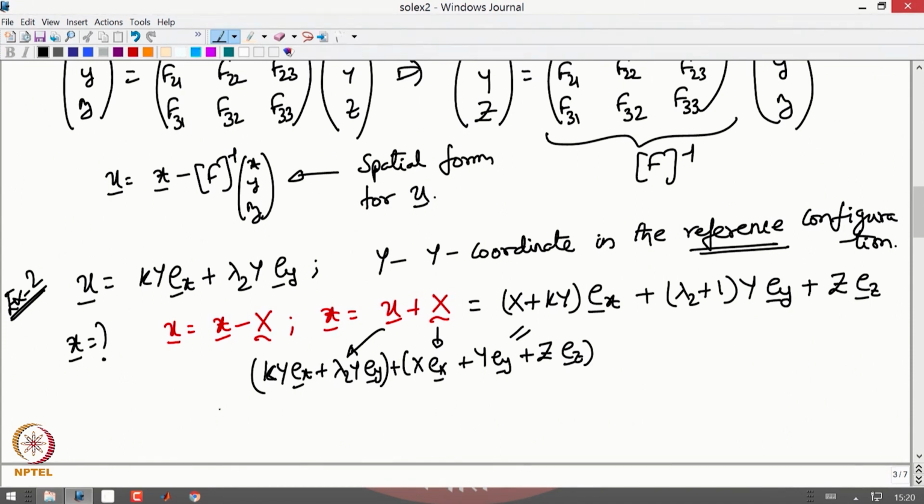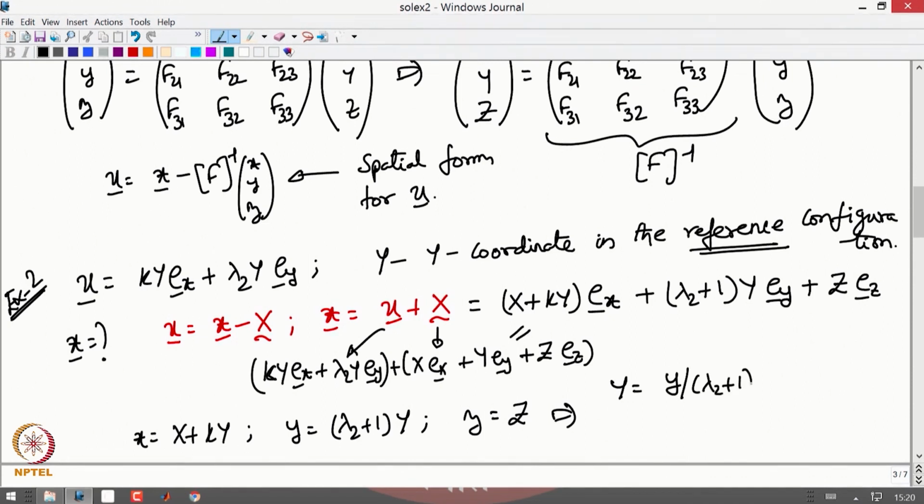I know that from here small x is x plus kappa y, small y is (lambda 2 plus 1) capital Y, and small z is capital Z. This will imply, from this equation I can straight away write capital Y is small y by (lambda 2 plus 1), and capital X is small x minus kappa by (lambda 2 plus 1) into small y, substituting for capital Y from this equation in here, and capital Z is nothing but small z.